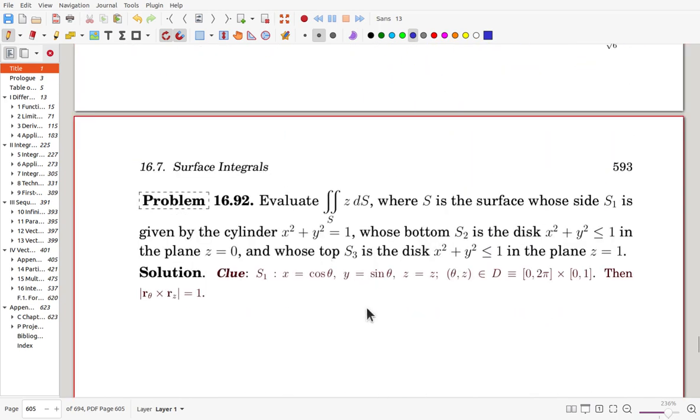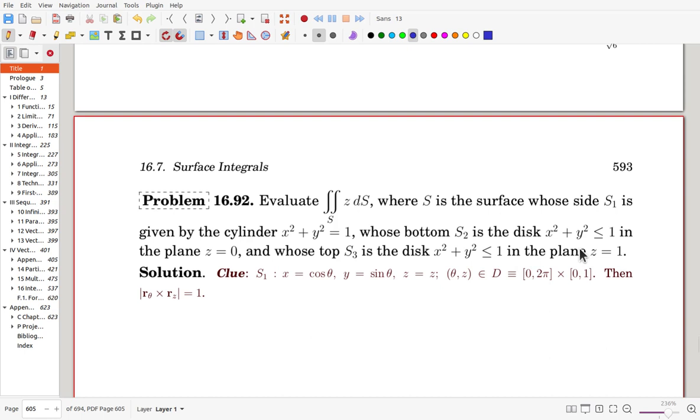Now we see another problem. Evaluate the surface integral of z dS, where S is the surface whose side S1 is given here, whose bottom S2 is the disk in the plane z equals 0, and whose top S3 is the disk of radius 1 in the plane z equals 1.